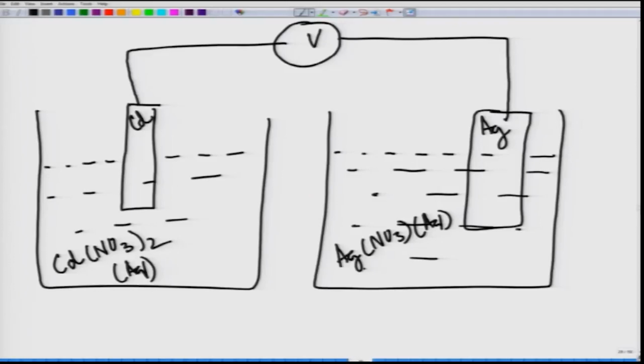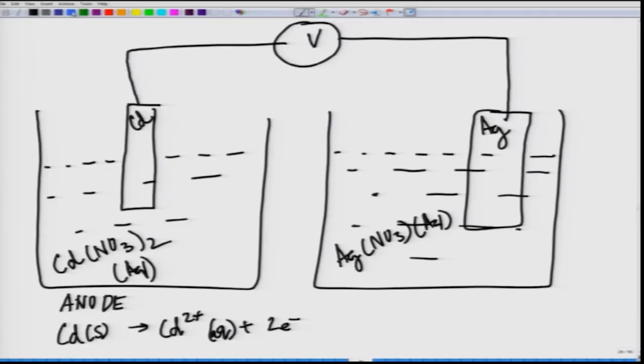Now, this is your anode, where the oxidation is happening: Cd solid moving to Cd2+ aqueous plus 2 electrons. This is one side of the reaction.